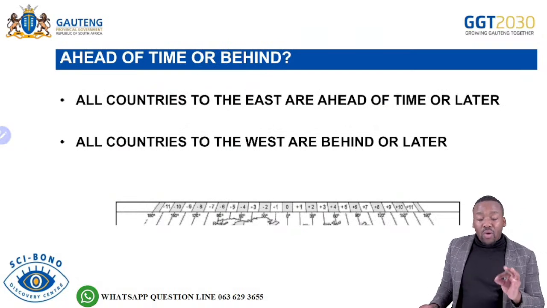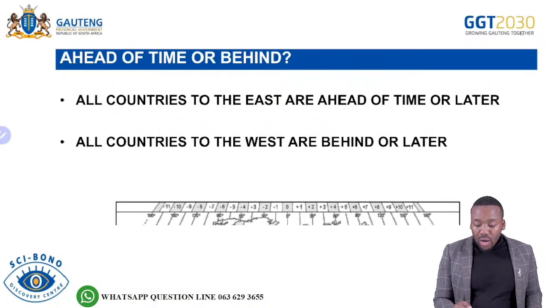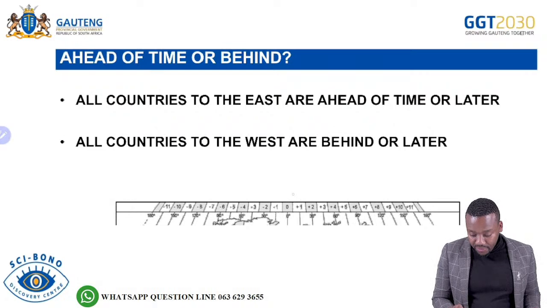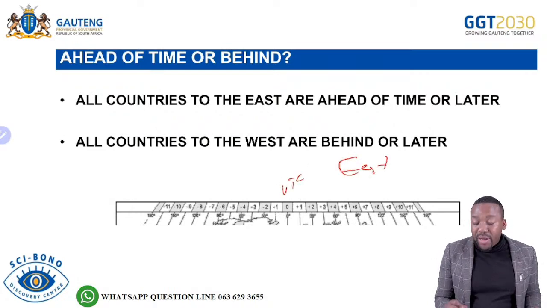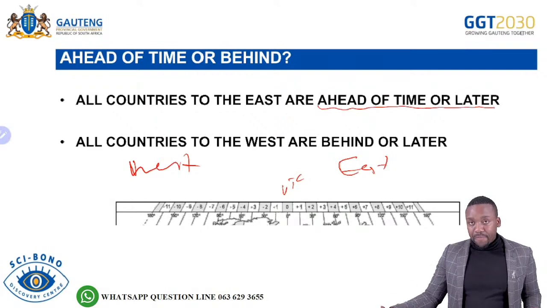Then we've got this concept. Are we ahead time or behind time? Then I said all countries to the east of UTC, this is this side, meaning to the right. And then here we've got west. All the countries to the east, they are ahead of time or later.